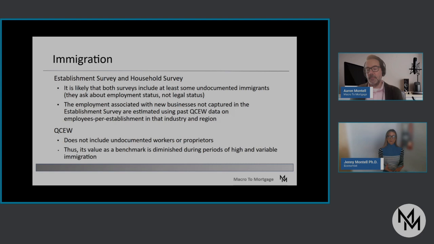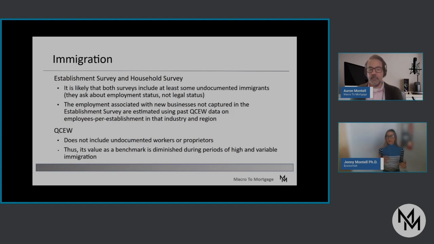So when they go to an employer and say, how many people did you employ this week? That's all they ask is a number. They're not asking anything about legal or not legal. And so when the employer ideally responds with the full number, those undocumented workers would be included.